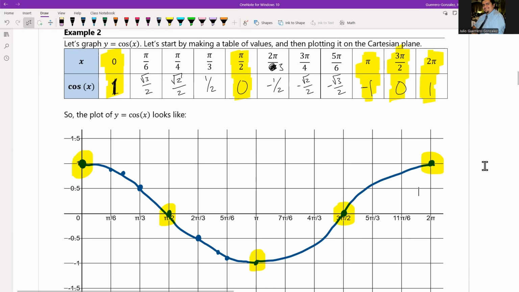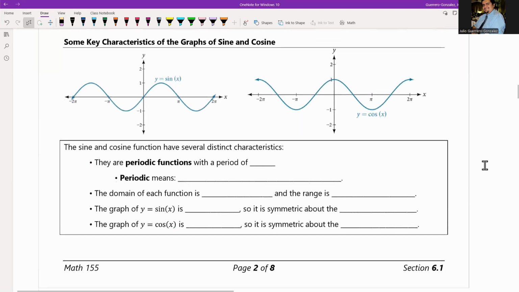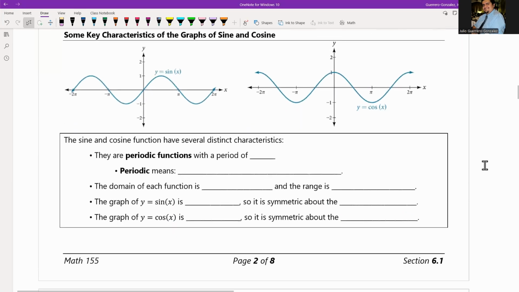So now let me cover some key characteristics of both the sine and cosine graphs. What we know automatically is that we can plug in any values we want for each one of these. So we know that the domain of each function is going to be negative infinity to infinity. There is no restriction on the angle we can plug in.